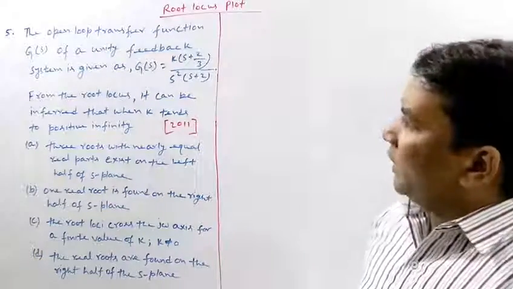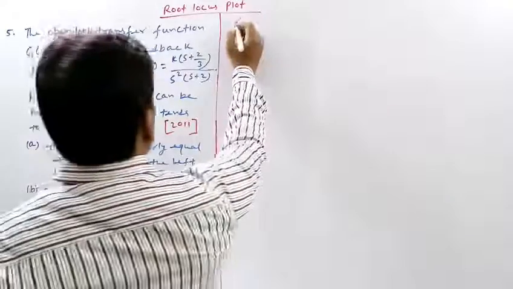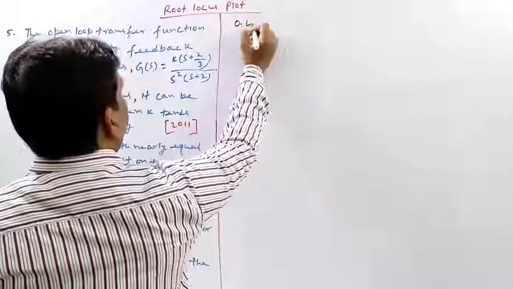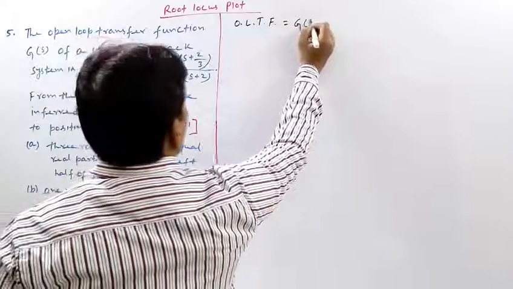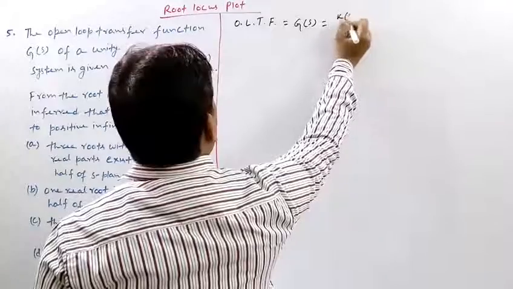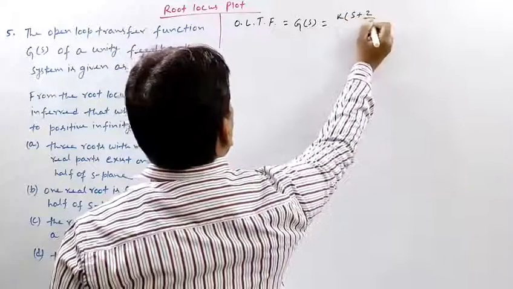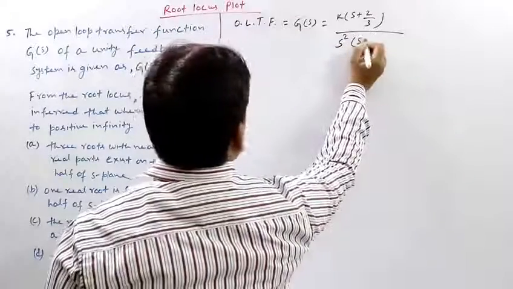So it is given that the open loop transfer function, OLTF, is equal to G(S), which is K(S + 2/3) divided by S^2 (S + 2).